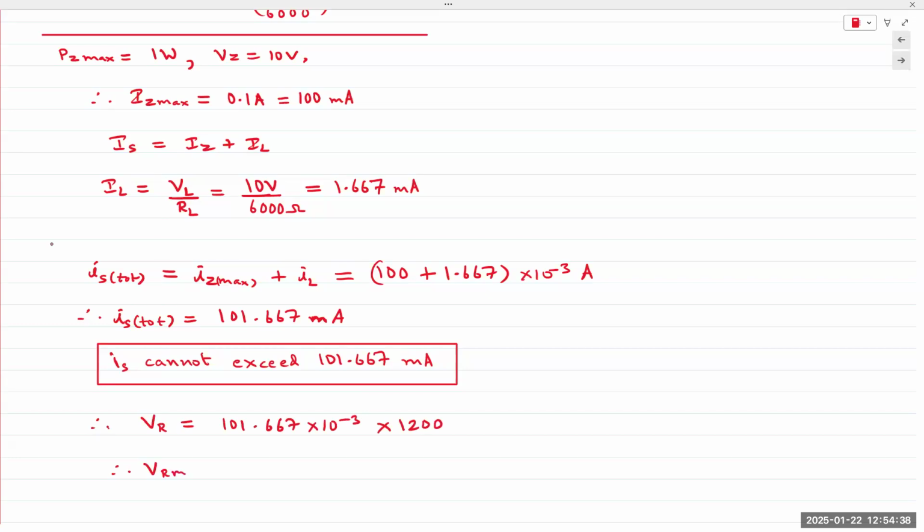And so VR max cannot be more than 122 volts.